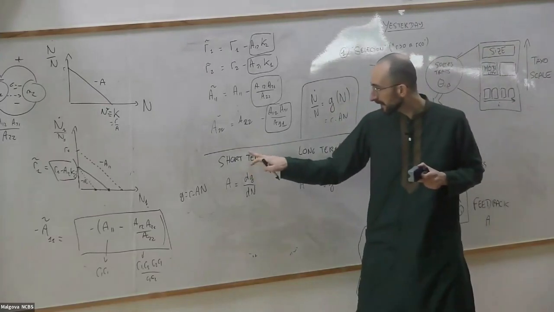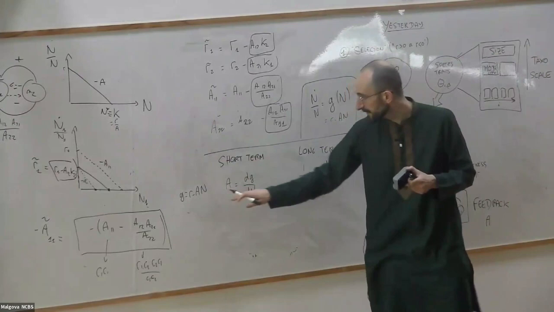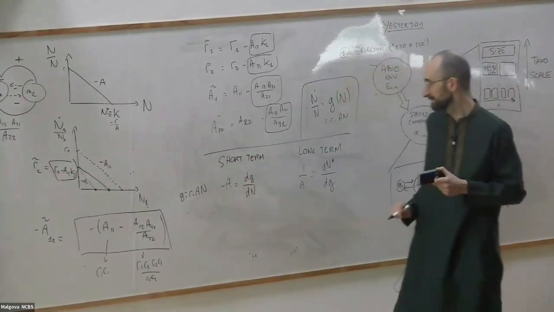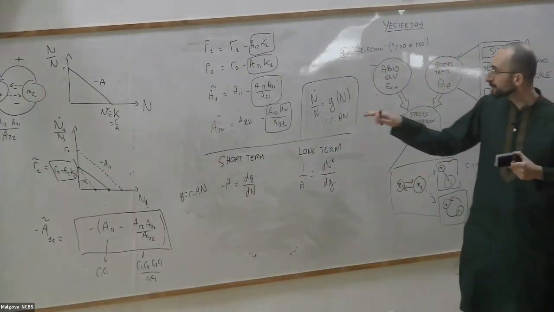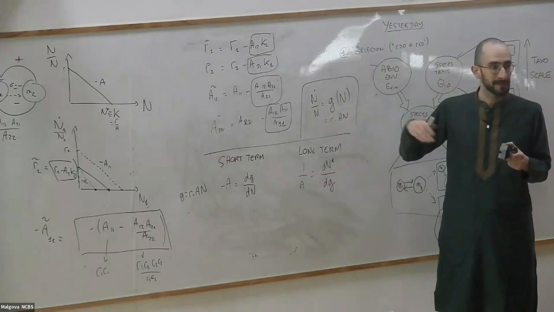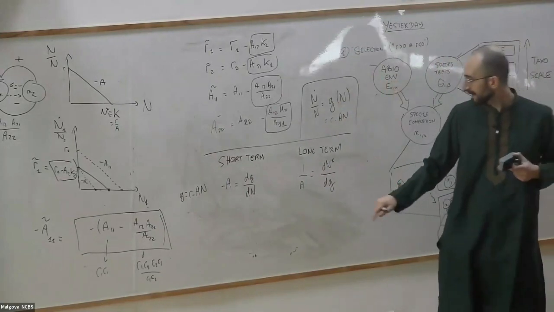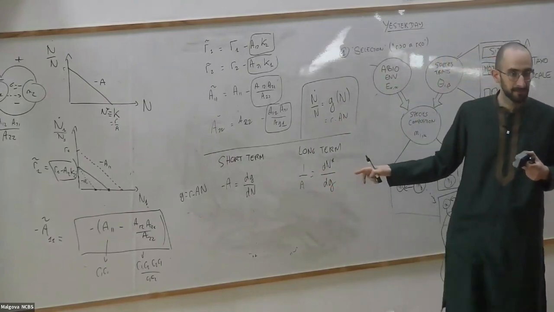So that's this kind of short-term thing. I choose this form here, and I'm saying that how g depends on n is just minus A, sorry. Now, if I want to ask the other question, which is, if I were to change the fitness of a species, how would it impact in the long term the abundance of that species? And that's exactly the inverse of that that gives me that answer, right?